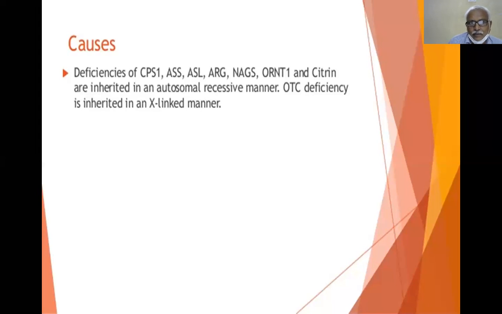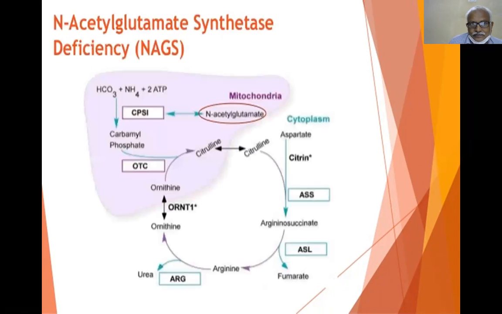Remember this, I am repeating. Deficiencies of CPS1, ASS, ASL, ARG, NAGS, ORNT1 and citrin are inherited in an autosomal recessive manner. OTC deficiency is inherited in an X-linked manner.